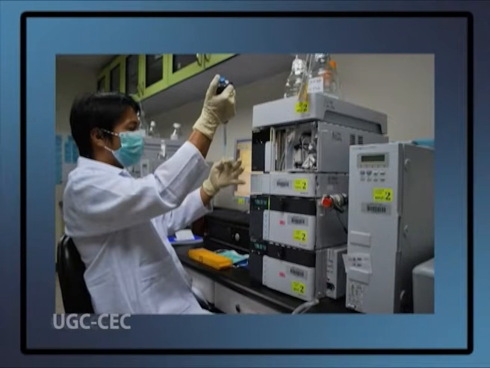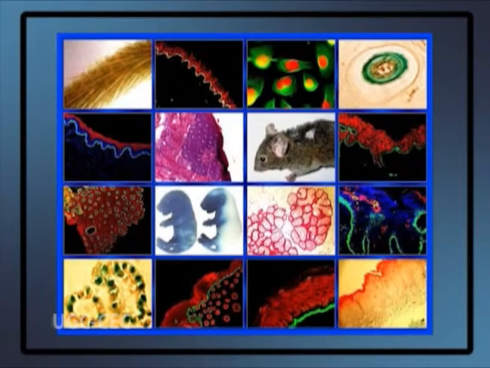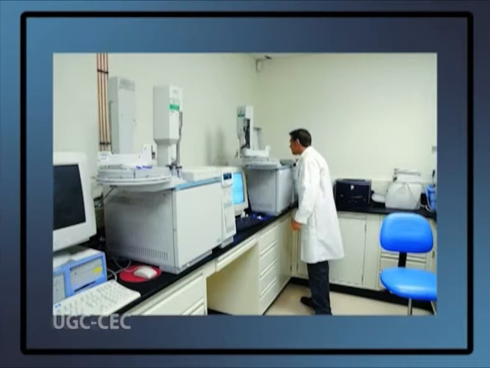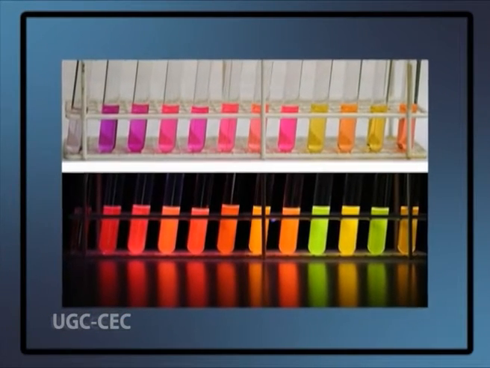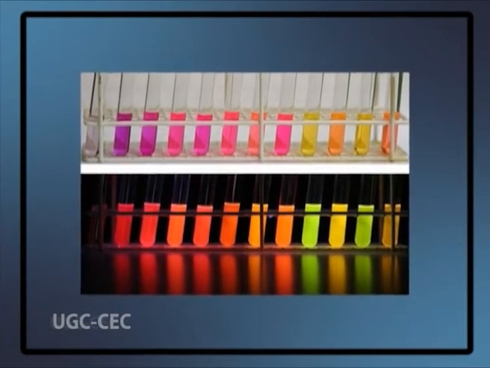HPLC is a powerful tool in analysis. It yields high performance and high speed compared to traditional column chromatography because of the forcibly pumped mobile phase. It is used in biochemistry and analytical chemistry to purify, identify, and quantify the individual components of a mixture.